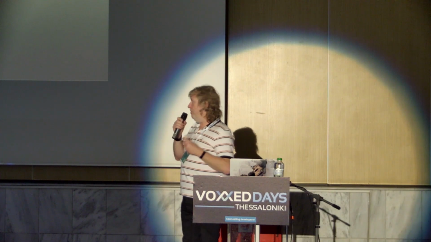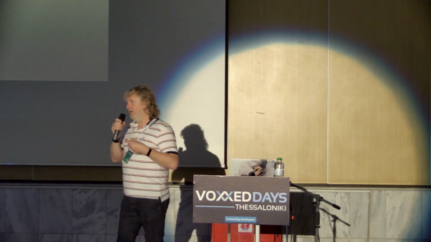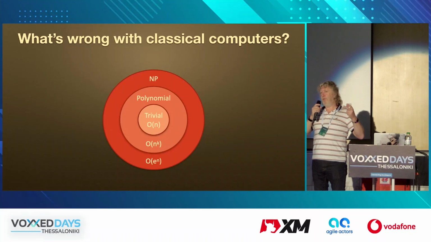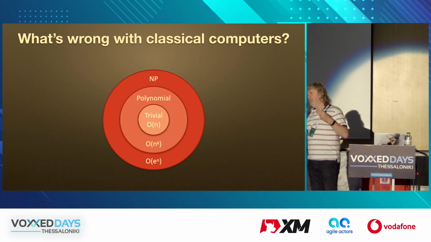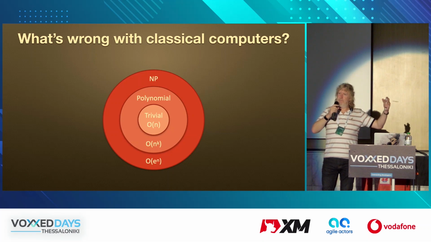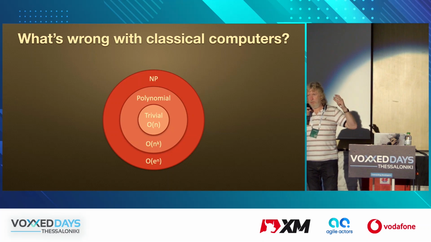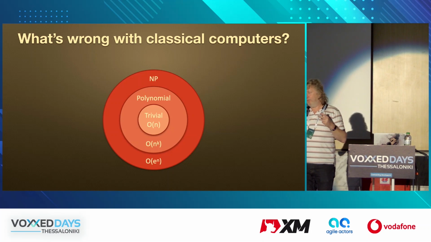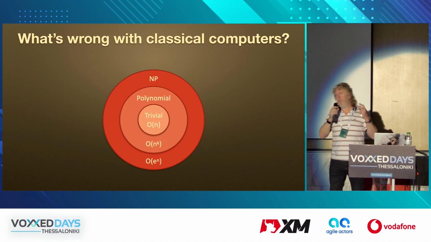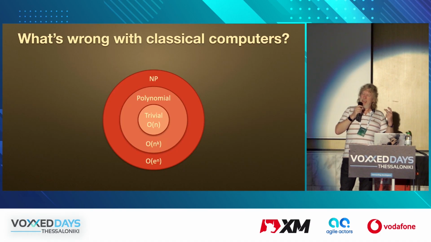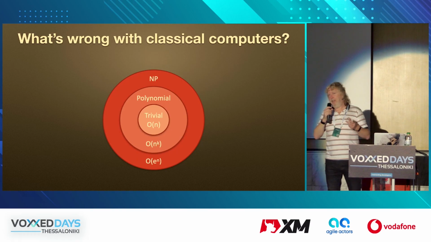The next size up from that are the non-deterministically polynomial problems. Now, these are problems where, as the size of the problem gets bigger, the length of time it takes to solve them extends very, very quickly. This is exponential time. But the thing that these problems have in common is that if you've got an answer, then you can check it very quickly.